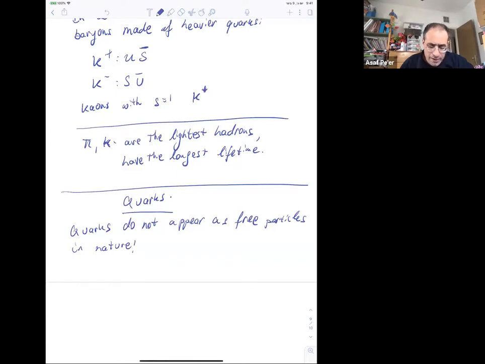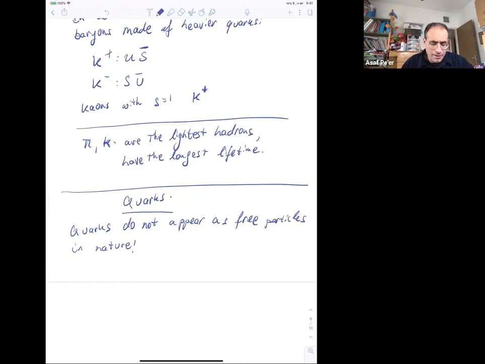And the reason is explained by the hypothesis of what's called color confinement, which, they carry the strong force. The strong force is also known as the color force for some strange historical reasons. The hypothesis of color confinement states that colored objects are always confined to color singlet states.